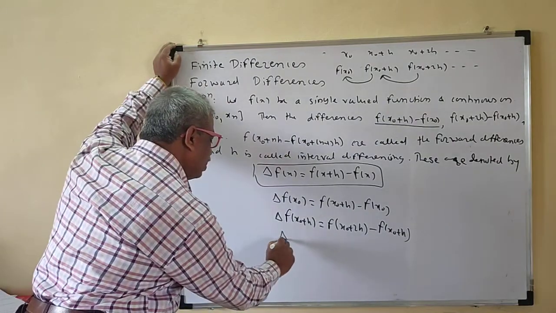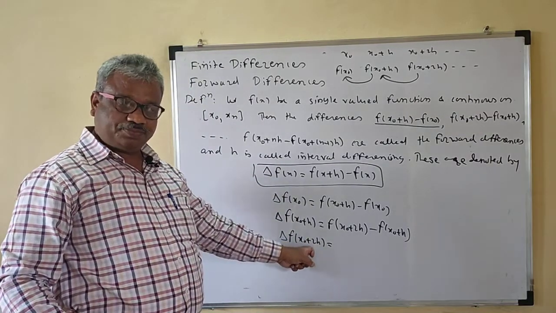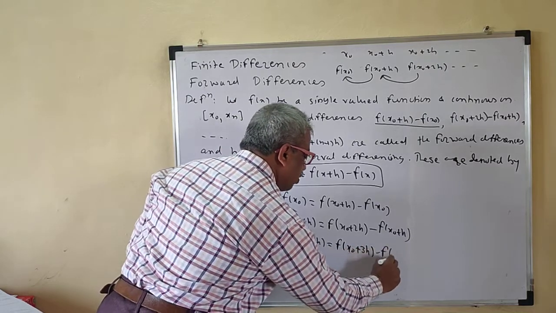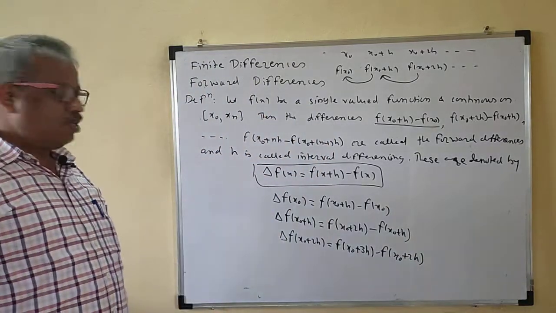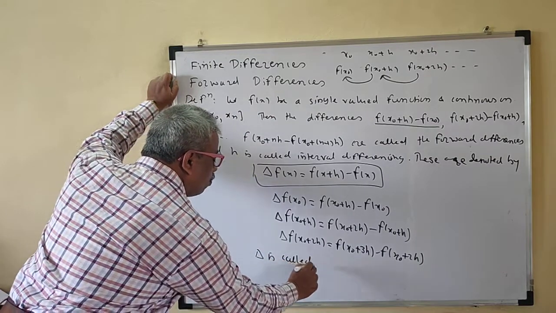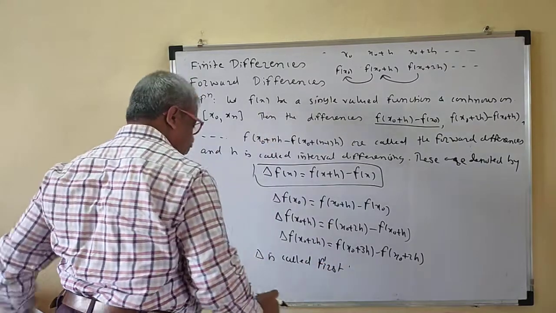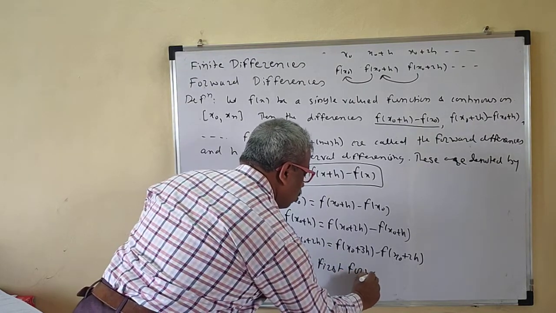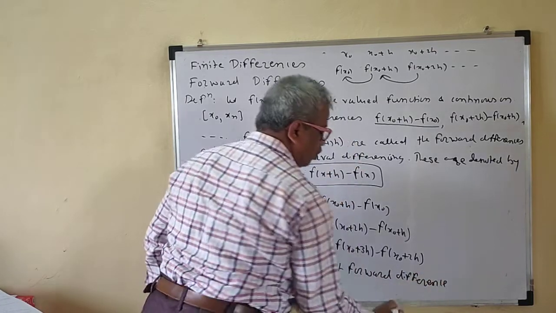Now if you want to find delta f of x naught plus twice h, you have to add h, so it is f of x naught plus 3h minus f of x naught plus twice h. This is the first forward difference. Delta is called the first forward difference operator.